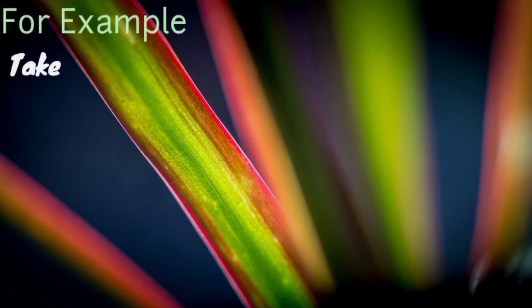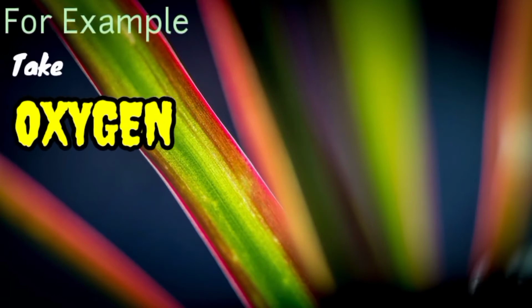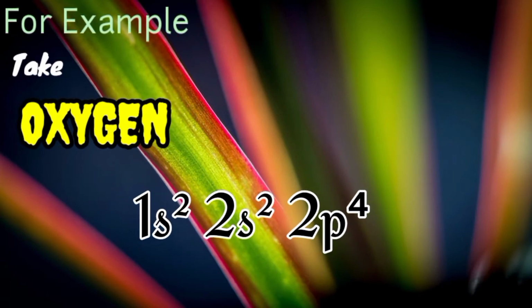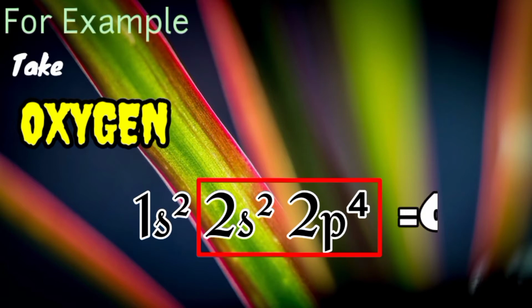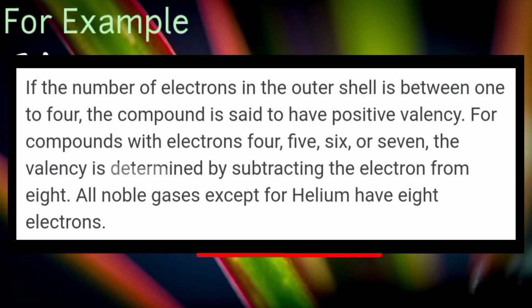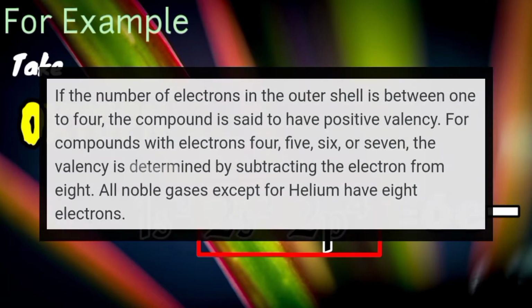So let's take the same example, that is oxygen, so we know the electronic configuration of it. The outermost orbit of oxygen is 2s2 2p4. So the outermost orbit has 6 electrons. So to find valency, we have to remember that if there are 4 or less than 4 electrons, then the valency will be the same as the number of electrons, and if there are more than 4 electrons, then the valency will be 8 minus the number of electrons.